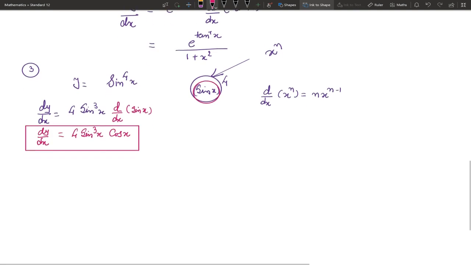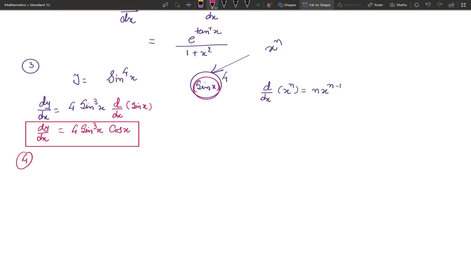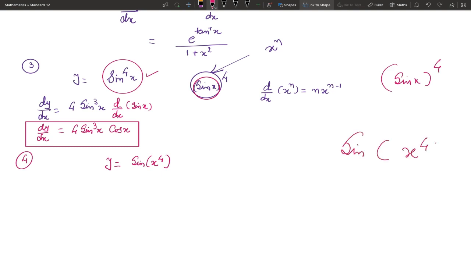We take another interesting example. Take y equal to sine of x raised to 4. You can note the difference: here it is sine raised to 4x, which was sine x raised to 4, while this is nothing but sine of x raised to 4.